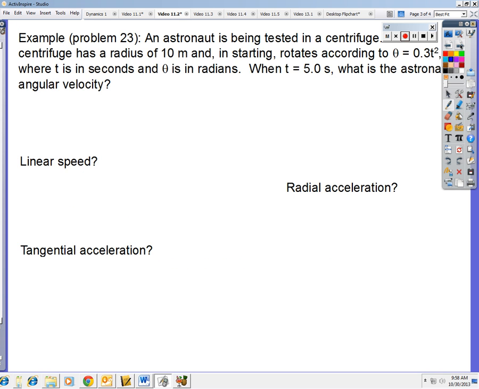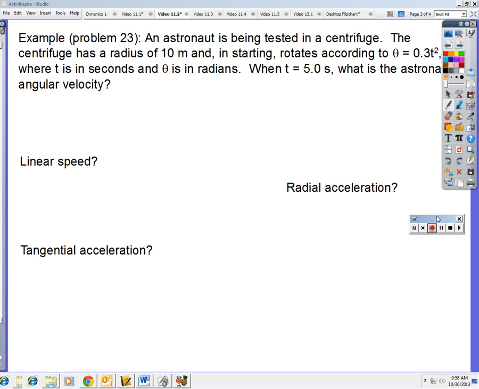So now let's look at an example. This is problem 23 from your textbook. You've got an astronaut being tested in a centrifuge. The centrifuge has a radius of 10 meters, and when it starts, it rotates according to the function theta equals 0.3 t squared, and so on. When t is 5 seconds, the question is, what is the astronaut's angular velocity?